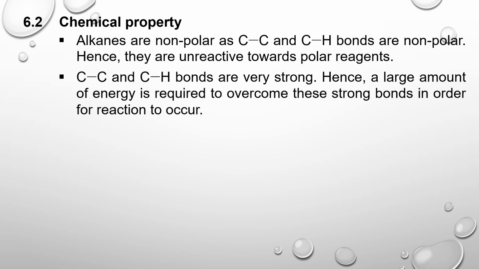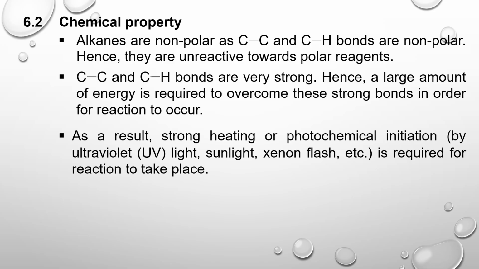Because they are very strong, I need a lot of energy to overcome these strong bonds in order for my reaction to occur. So that is why for reactions of alkanes, you need heating, or UV light, or sunlight, in order for the reaction to take place.